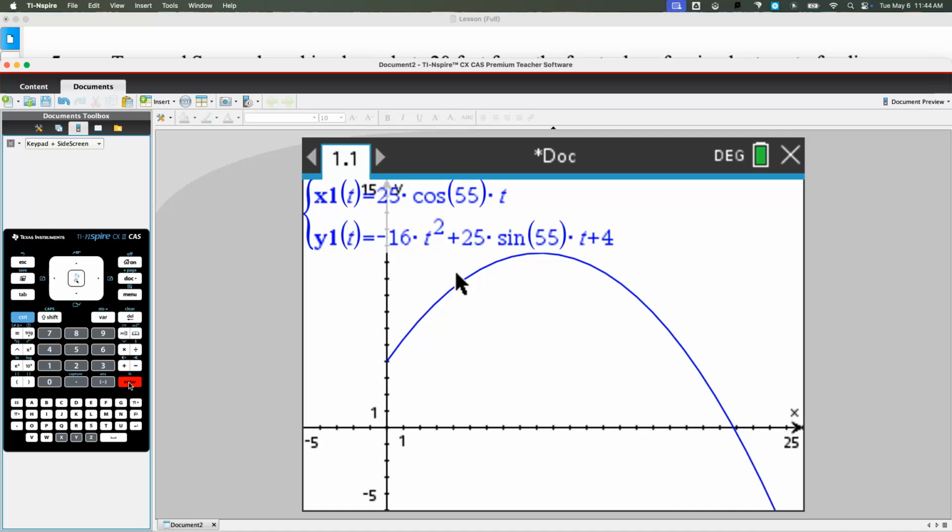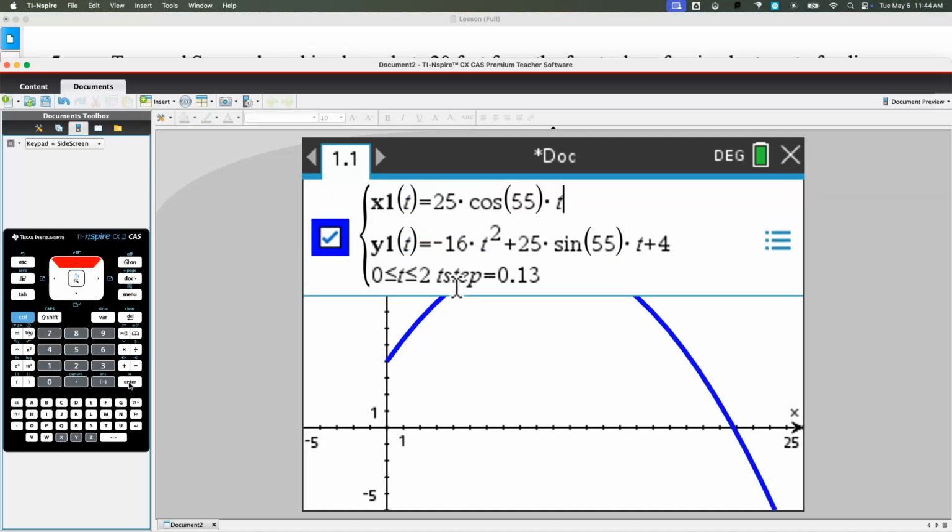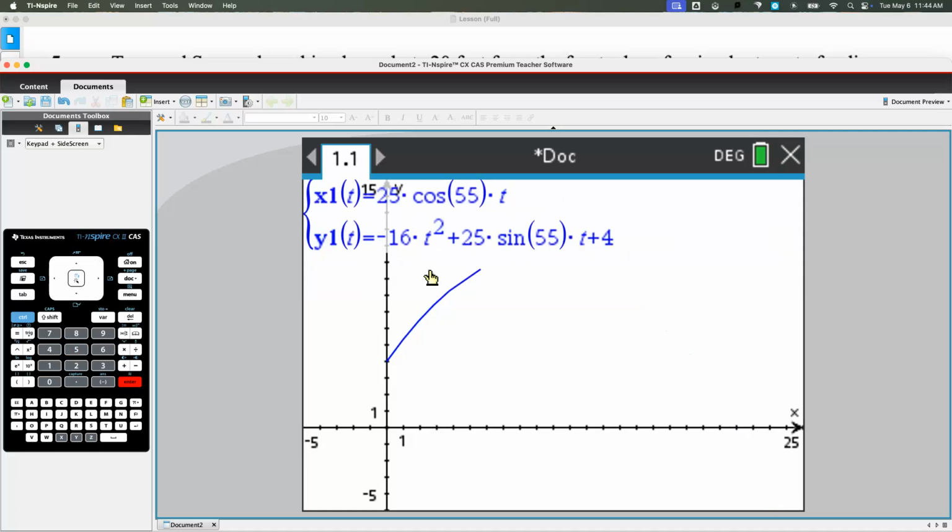I'm trying to get a T-step where it doesn't go. There. If I put a T-step of 0.5, she releases it, and half a second later the dart's just hanging there in the air. As long as I get it so that it hits the ground, we're okay with that.